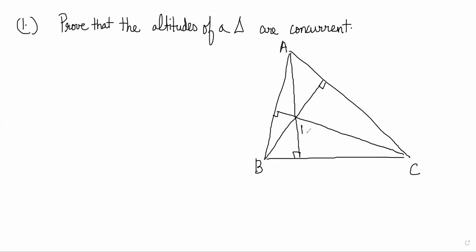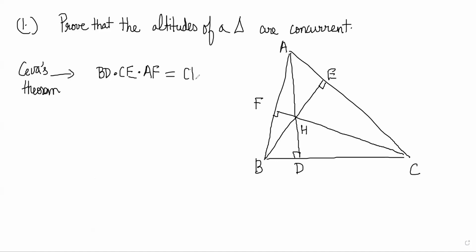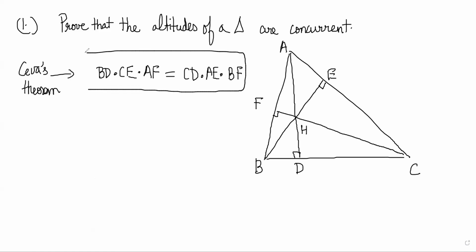We want to show that they are concurrent at H. So according to Ceva's theorem, if I call these D, E, and F, what do I really need to show? By Ceva's theorem, I need to show that the product of alternate segments is equal, right? So I need to show BD times CE times AF is equal to CD times AE times BF. That is what I need to prove for proving the concurrency of the altitudes.